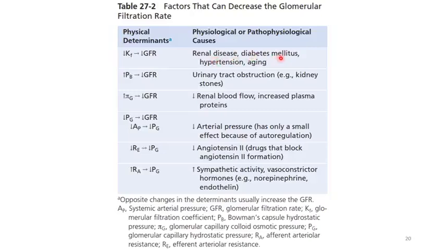For example, diabetes mellitus by glycation of the capillary vessels, and hypertension by pressure damage to the capillaries, renal disease by producing any problem at the level of barrier, and aging that distorts the integrity of the barrier. All of them will reduce permeability, will increase thickness, and maybe by reducing surface area will reduce GFR.